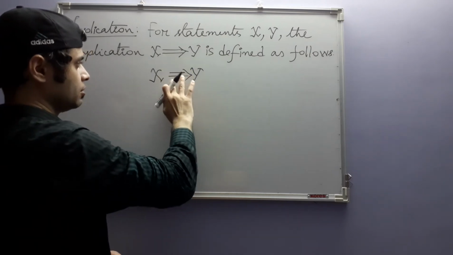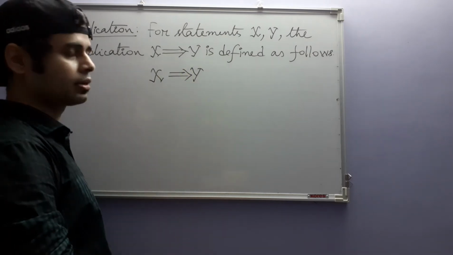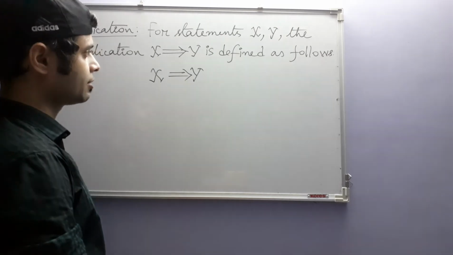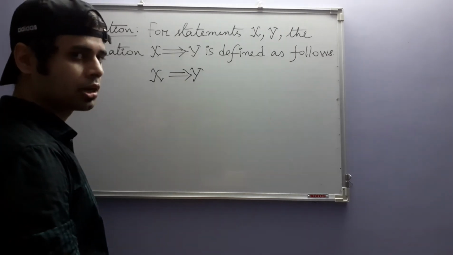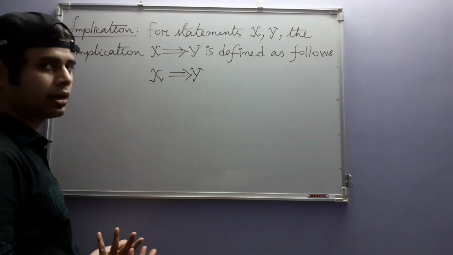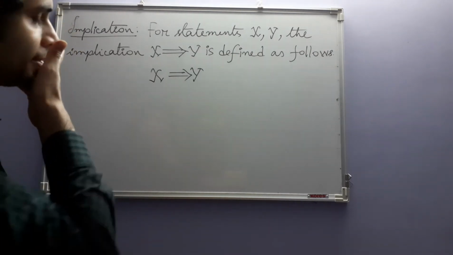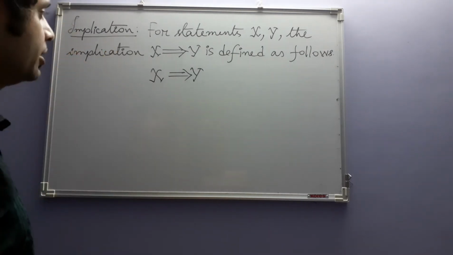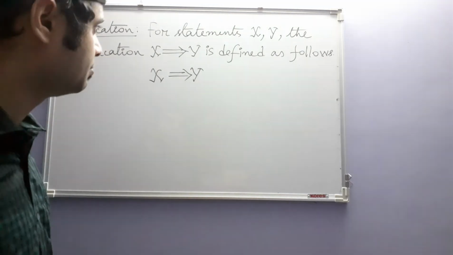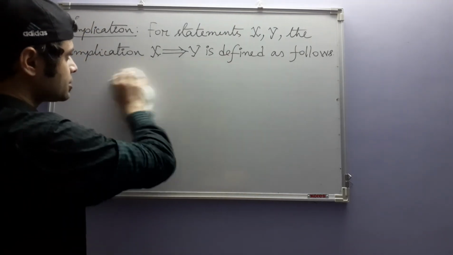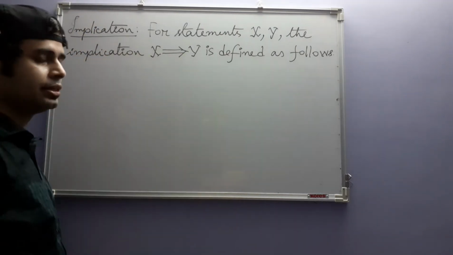If we have it like this, it is one half of, we will see, actually it is only a half of double implication. That's why we also call if and only if double implication. Now this goes in only one direction.